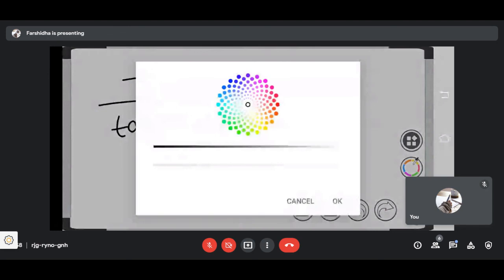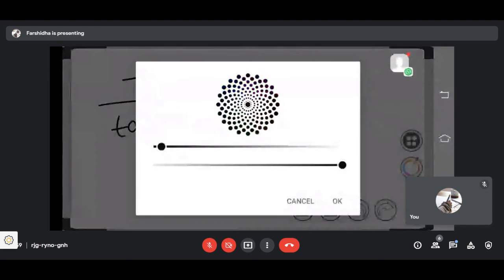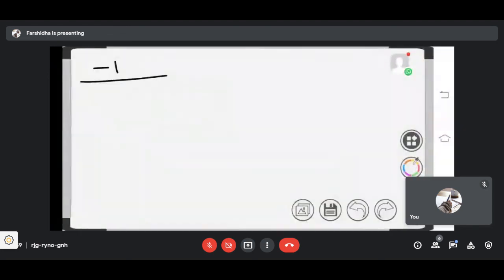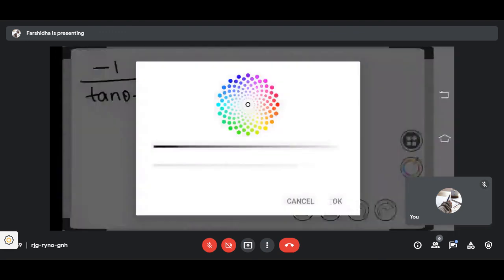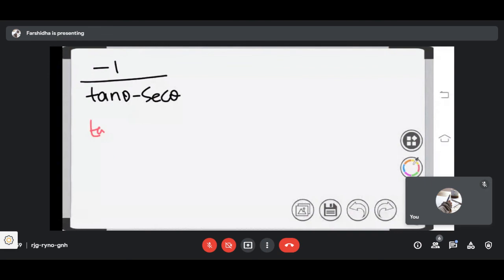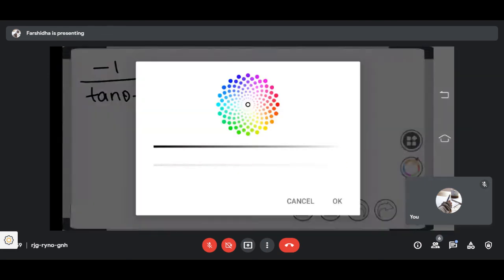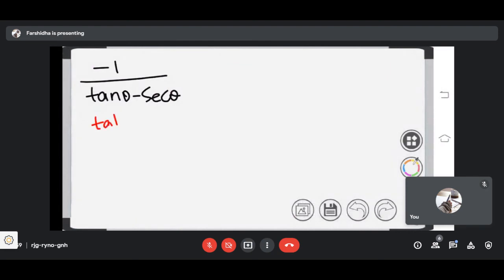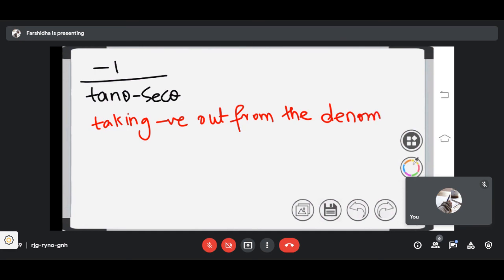So write down, taking negative out from the denominator so that the sign will get changed. Then it will match the question.